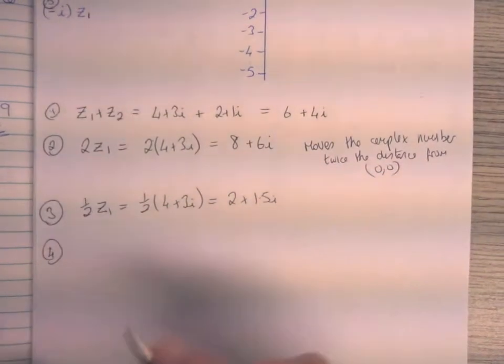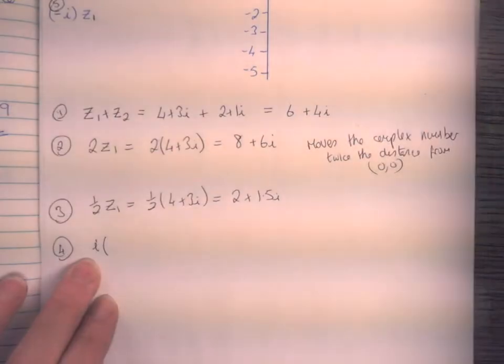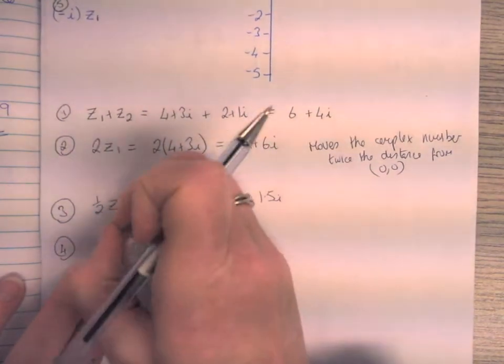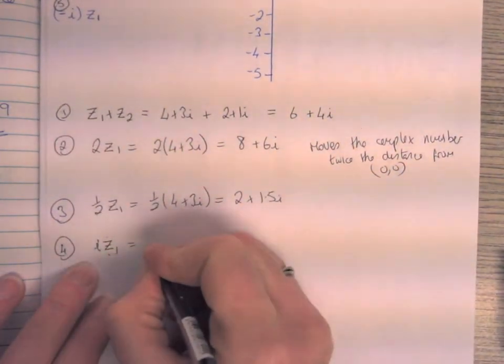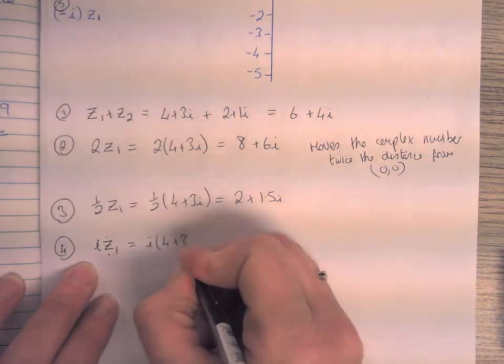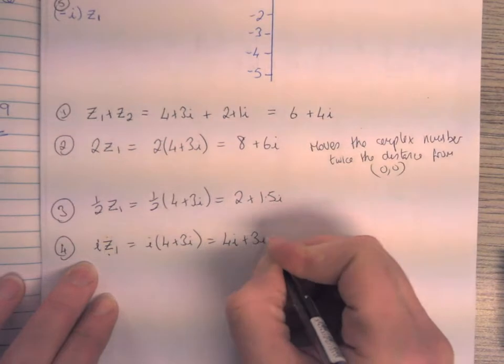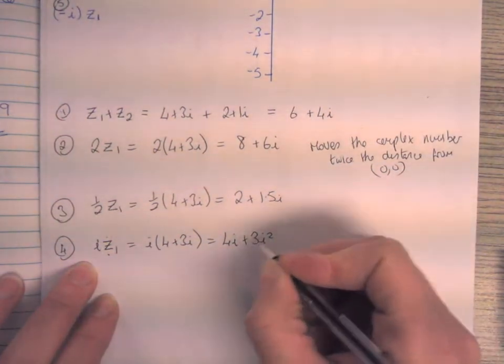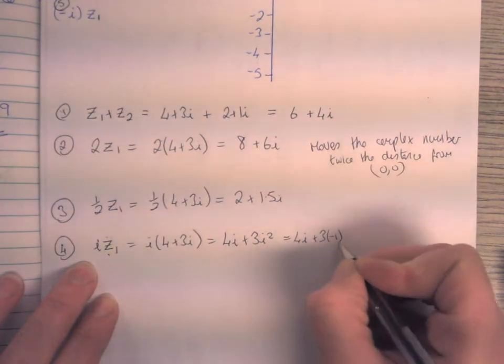Now the next one is the one that is talked about most often. When we multiply a complex number by i, we get 4i plus 3i squared. 3i squared is 3 times minus 1.